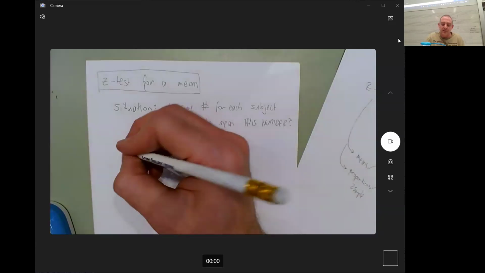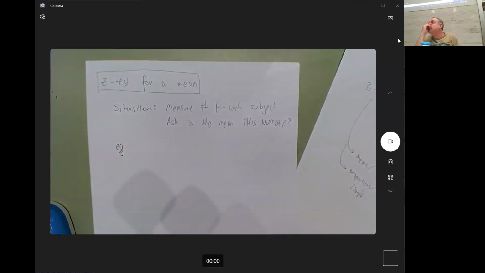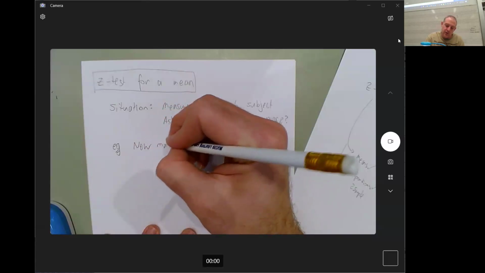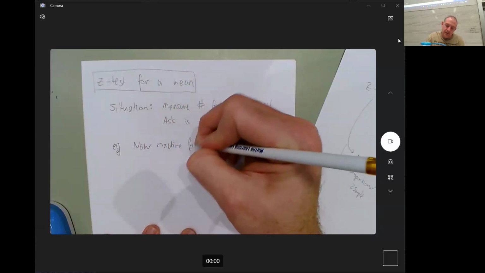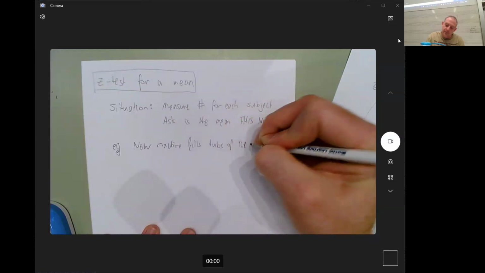And so just as an example, I did the ice cream one. A new machine fills tubs of ice cream.